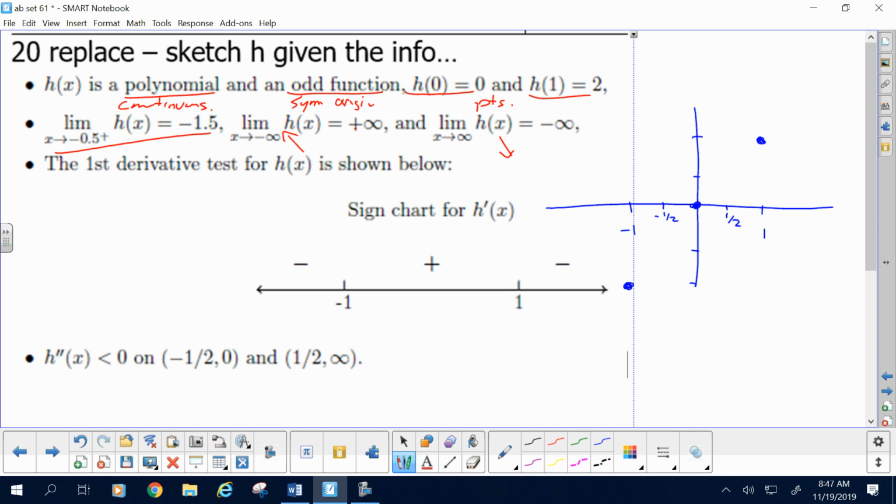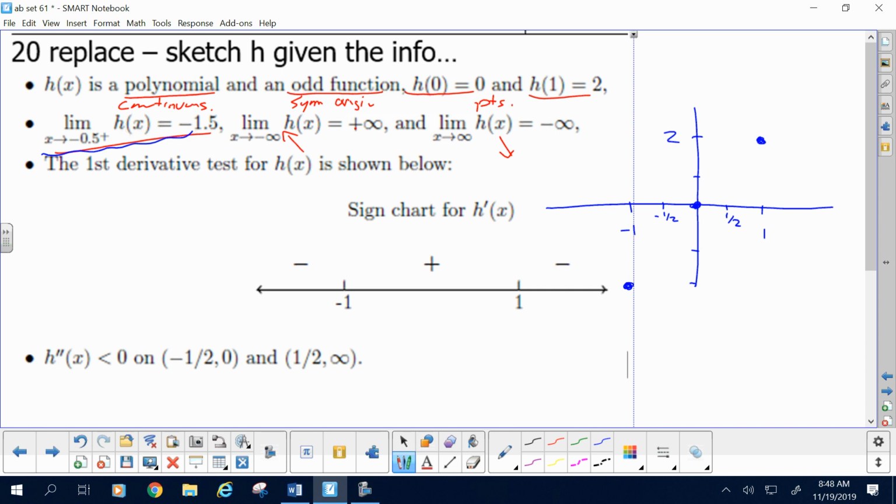This kind of implies a point. Again, if it's continuous, then what x approaches the same as what it actually is? All right, so what point does that imply? When x is -1/2, y is -1.5.